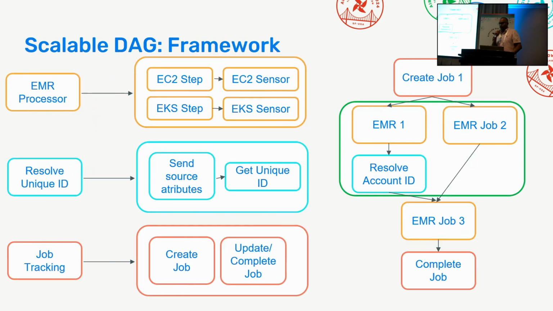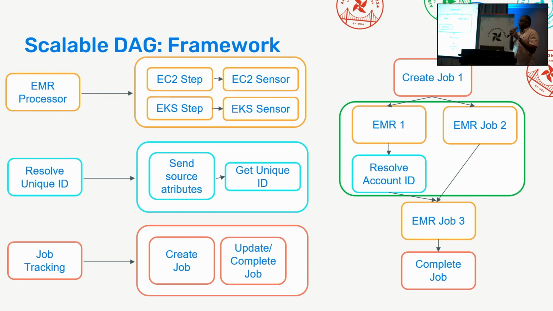So now here we have the kind of requirement. What is the framework we want to build? We want to create a framework which is consistent. So I'll take an example on the top. We are creating a new processor on top of Airflow operators. Airflow provides EMR operators, EMR sensors, then it provides EMR EKS operator, EMR EKS sensor.